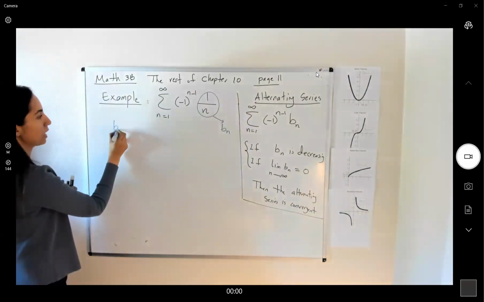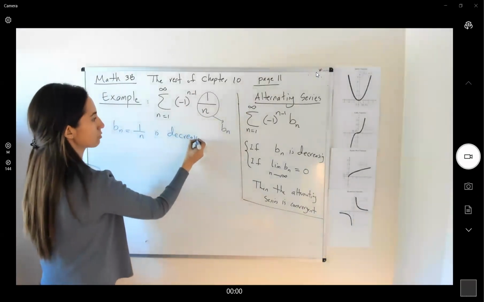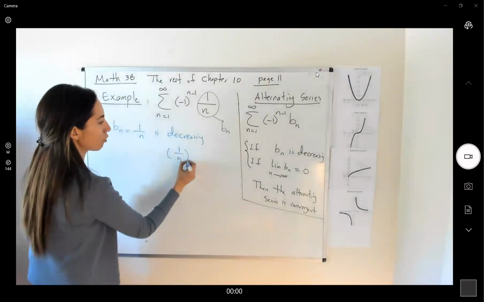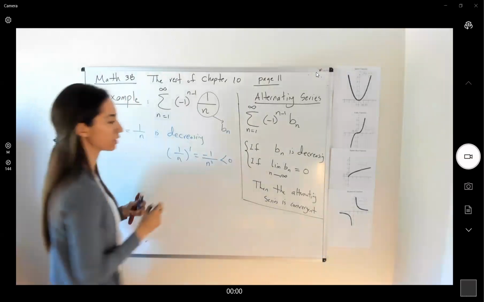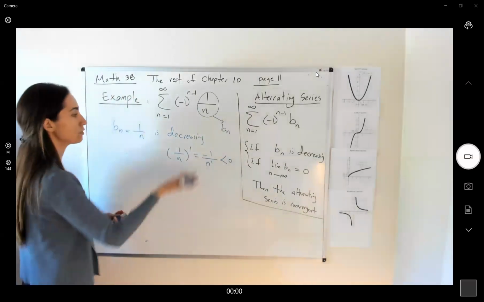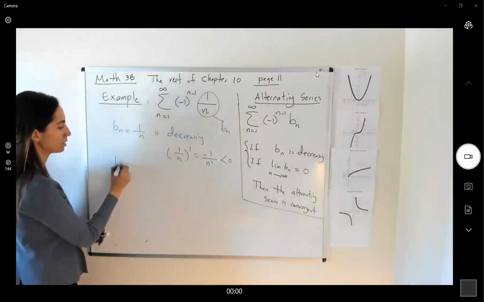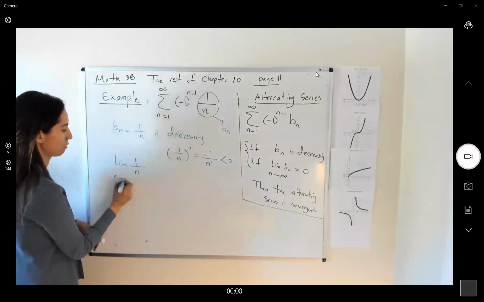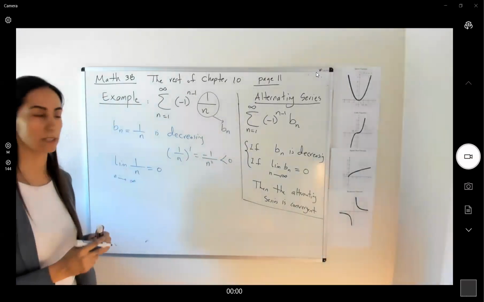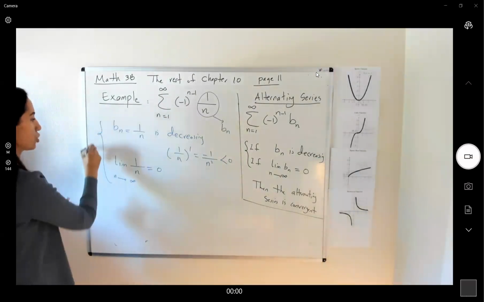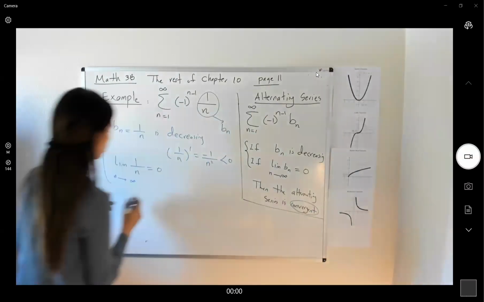First of all, Bn, 1 over n, is decreasing. Of course, if you take the derivative of 1 over n, this is equal to negative 1 over n squared, which is always negative. The derivative is negative, so Bn, 1 over n, is decreasing. Then the limit of 1 over n, while n goes to infinity, is equal to 0. And we say that, hey, since these two conditions are met, my alternating series is convergent.